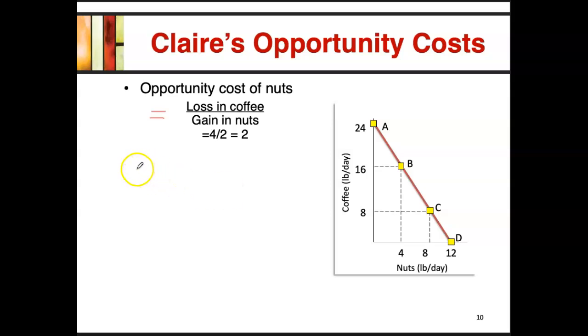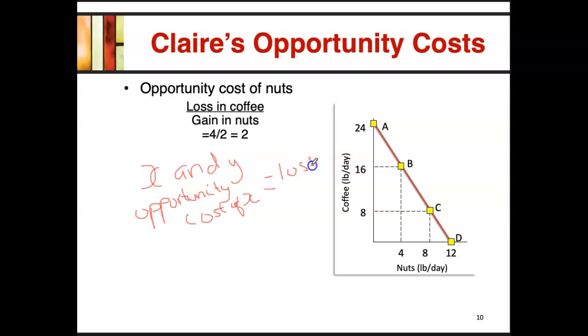So if you're looking at the opportunity cost of, let's say, X, suppose you have 2 goods, X and Y, and you're trying to find the opportunity cost of X. This is going to equal the loss in Y, because you only have two goods, divided by the gain in X. So always think of the opportunity cost of nuts.